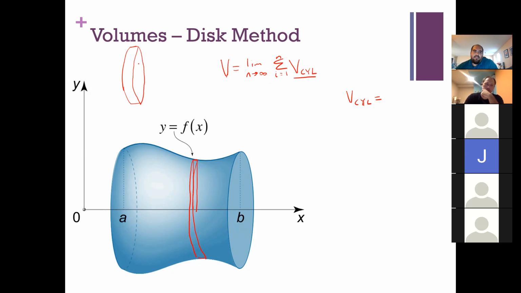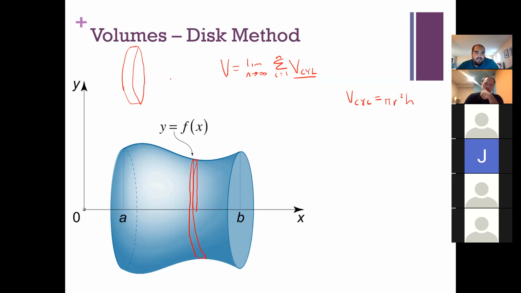So it's a prism. Do we remember how to find volumes of those? Pi. Did I hear pi? Sorry, pi r squared h. So pi times radius squared times height.